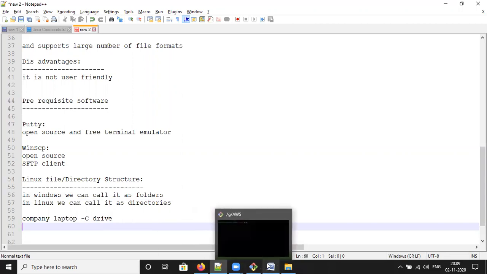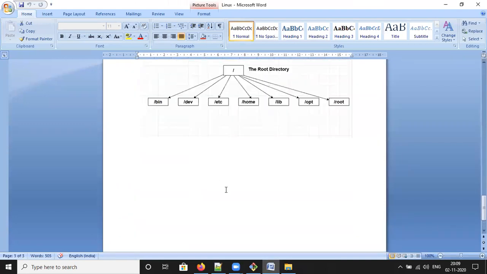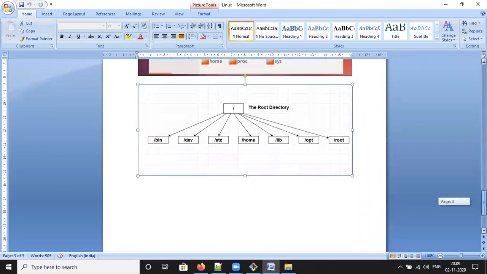So what does it contain? See, I have given one example. This is the directory structure. What is meant by directory and what are the subdirectories available in the Linux environment? Let me show you, and you will clearly understand what it contains.